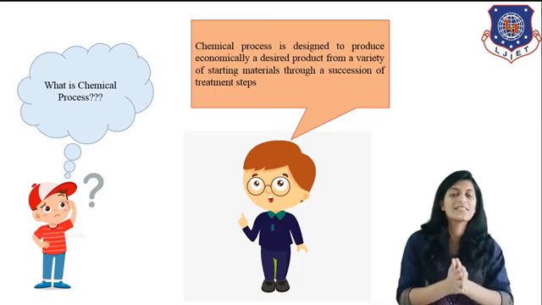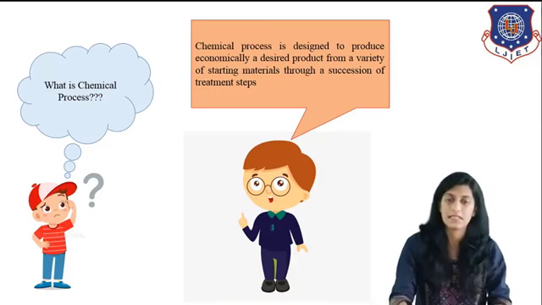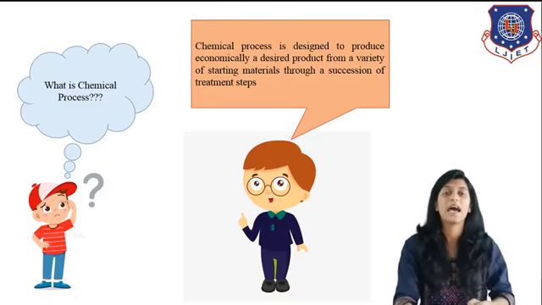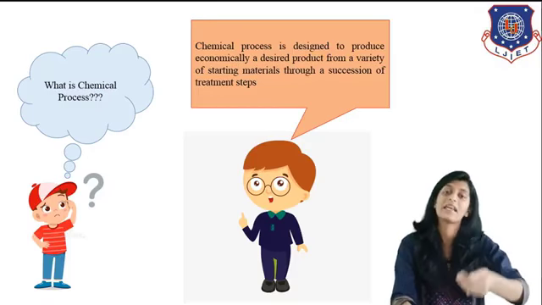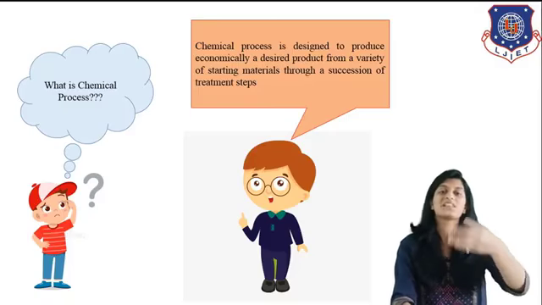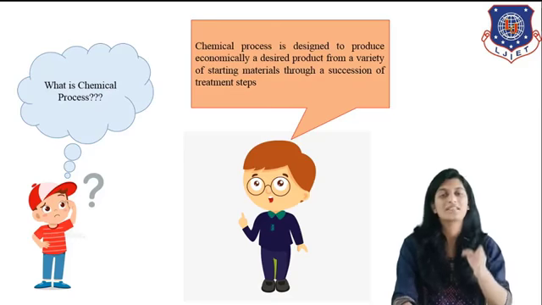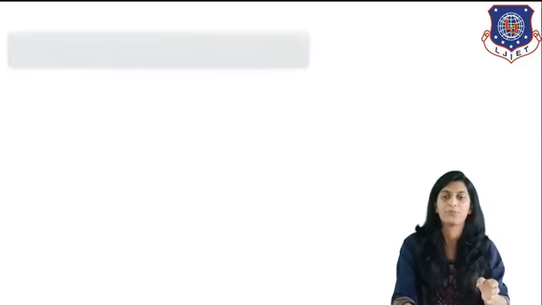Our chemical process is designed in such a way that we can obtain our desired product using some starting raw material and following proper steps of treatment.